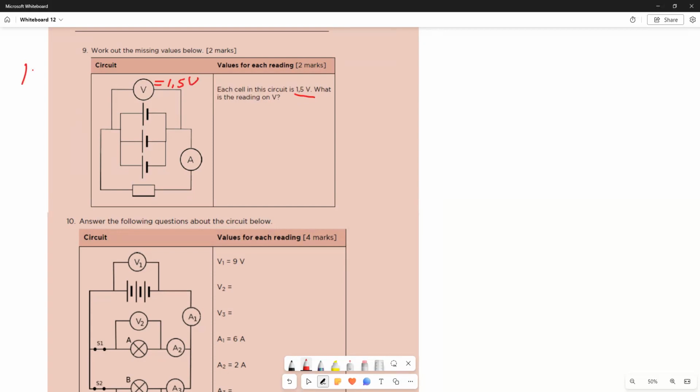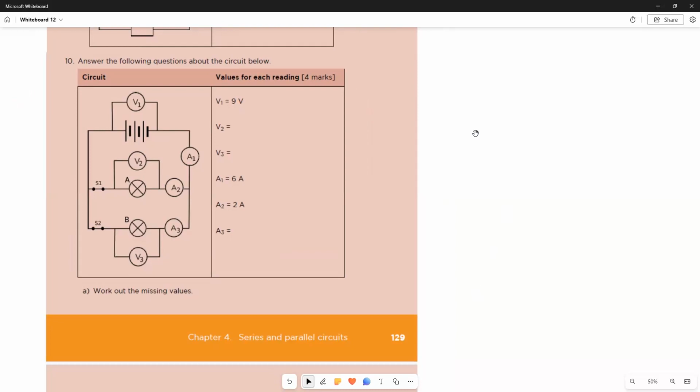But let's say they were connected in series and each was 1.5. The total would be 4.5 now because each cell will be contributing 1.5 volts. So if they're in parallel, you just take the voltmeter reading on the first one, and then it's going to be the same throughout. So it's 1.5 volts. Perfect. And we're done with that question. We can now check question 10.